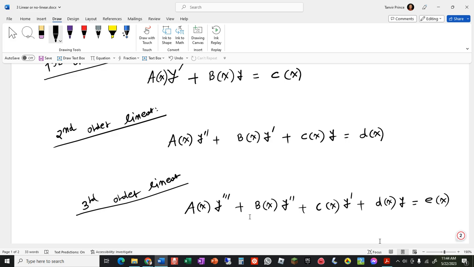Another point is that when you have a nonlinear differential equation, you might be able to approximate it with a linear differential equation. Then you solve the linear one, and that will give you an approximate solution of the nonlinear. That's another application of knowing linear differential equations.